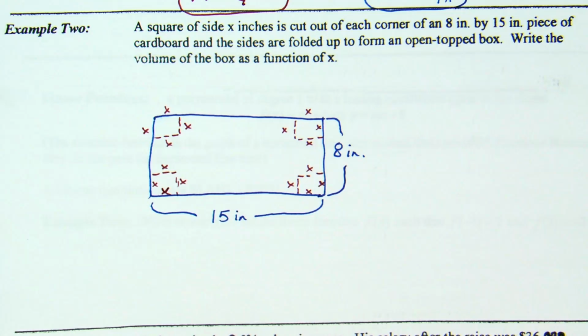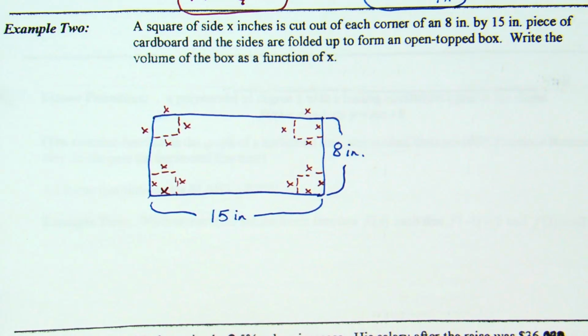And I guess you guys do realize, I'm trying to figure out that distance right there. If the whole length was 15, and what are we cutting away? An x here, an x here. So if you have 15, you take away an x, you take away another x, that's 15 minus 2x.